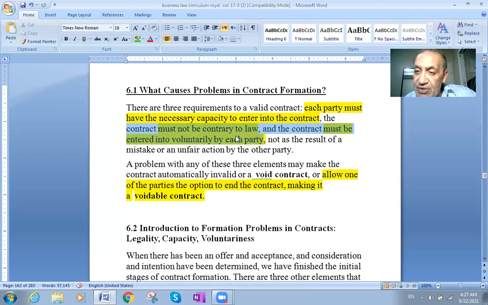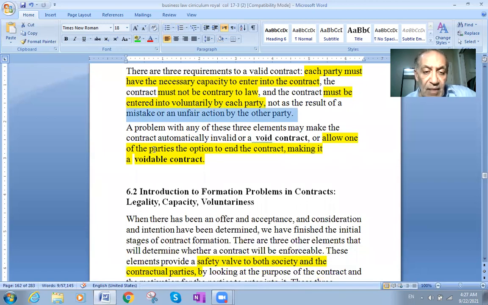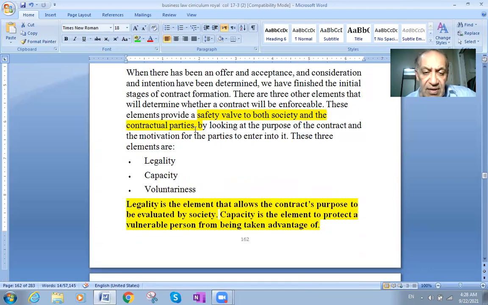No one tied my hands to do this, so I did it by my own will, not as the result of a mistake or an unfair action by any of the parties. So if the contract breaches any of these 3 circumstances, the contract will be void.